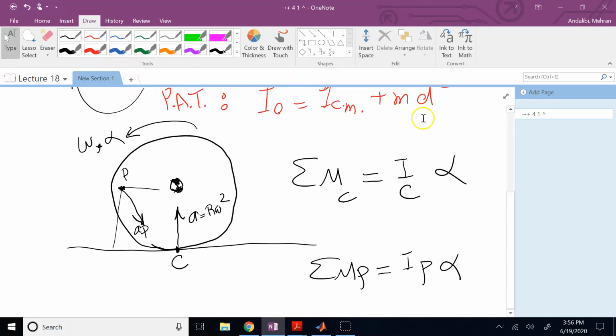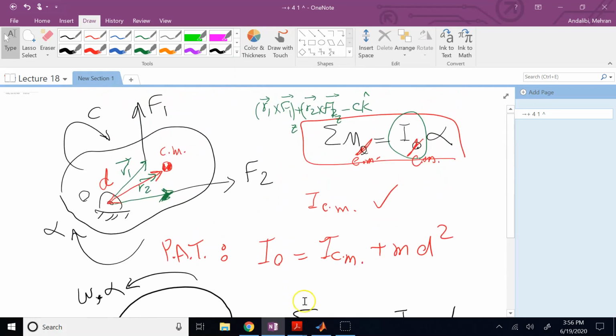Then you might wonder, well, sometimes, based on what you learned in statics, it's easier that we take our moments about a point that is not the centroid and maybe even not fixed. Why? Because at that point I have a bunch of reactions, and when I take moments about that point, those unknown reactions do not have any moment about the point, so they don't show up in the resulting equations.